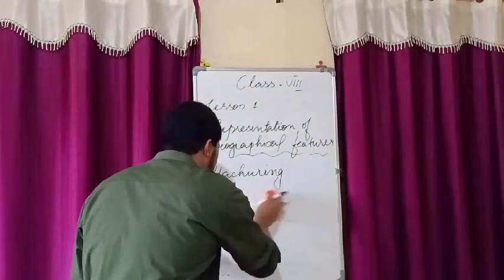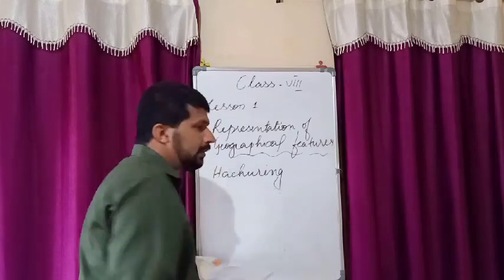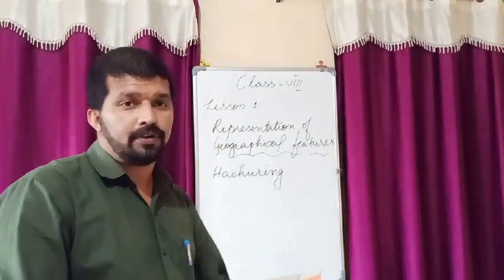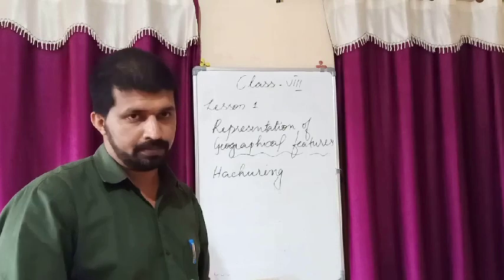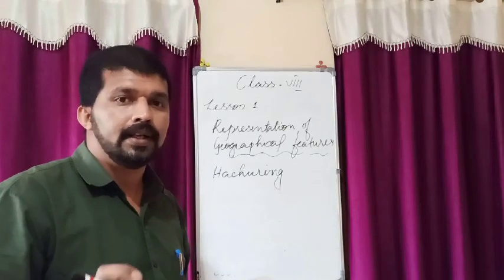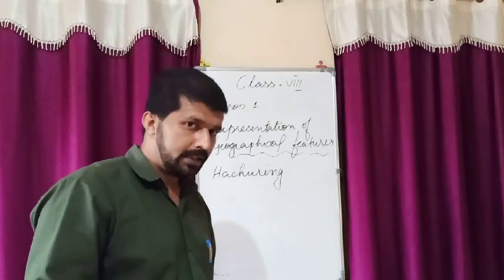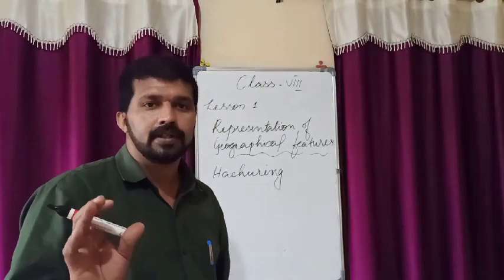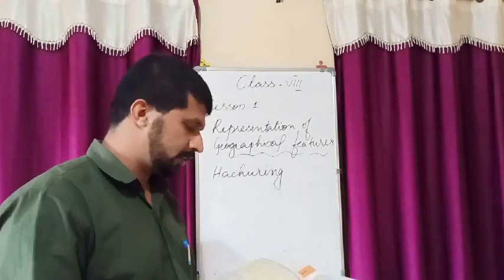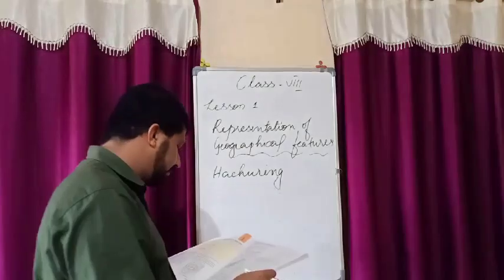Second one is hill shading. Here shading is used for representing the slopes. Steep slopes are shaded by dark shade and light shade is used for representing gentle slopes. Then third one is form line.